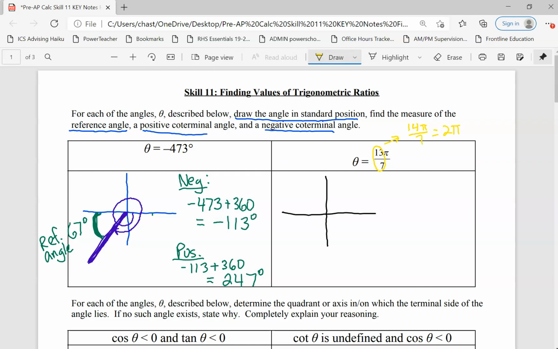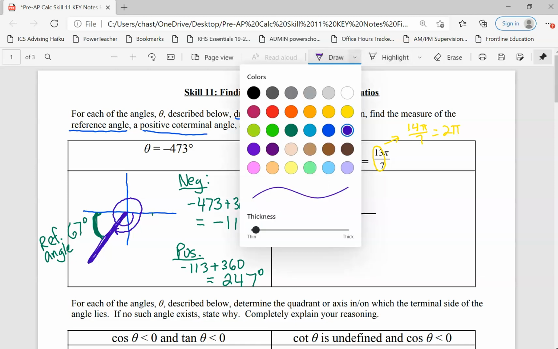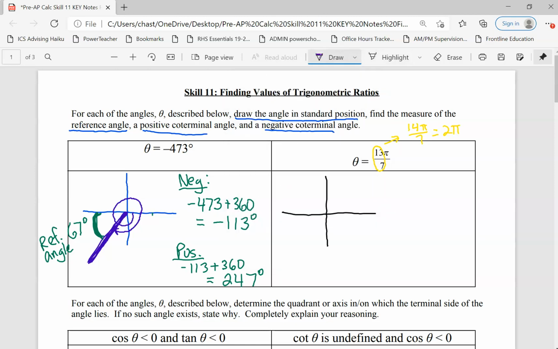We know that 14 sevenths is 2, so 14 pi over 7 would be 2 pi. 13 pi over 7 would just be shy of 2 pi. So I'm going to go counterclockwise. I'm not going to go a full 2 pi, but I'm going to go really close, so about right here. There's my angle.